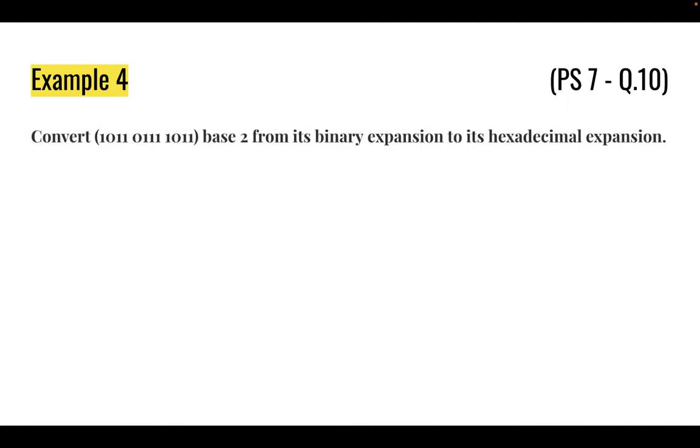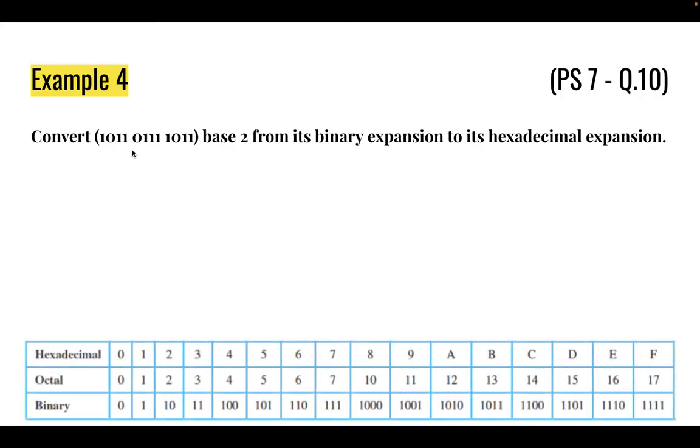Now this is another example from problem set 7, question number 10. Here we need to convert this binary number to its hexadecimal expansion. Remember that we can use this table for conversions from any number system to any other number system. Since we want to convert it into hexadecimal, we need to group it in digits of 4.